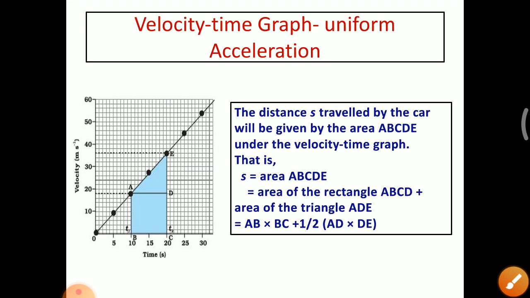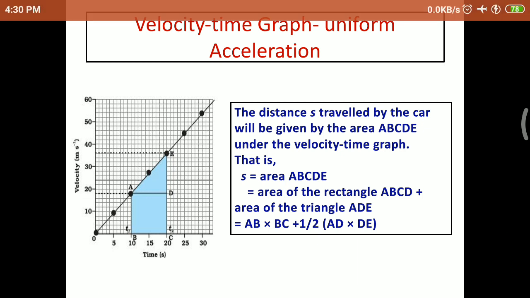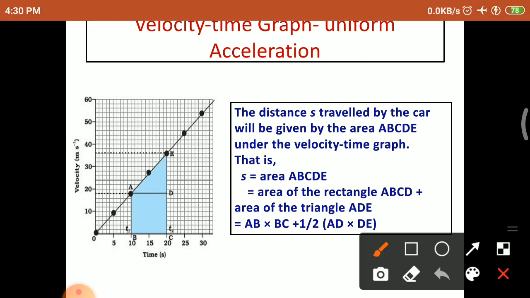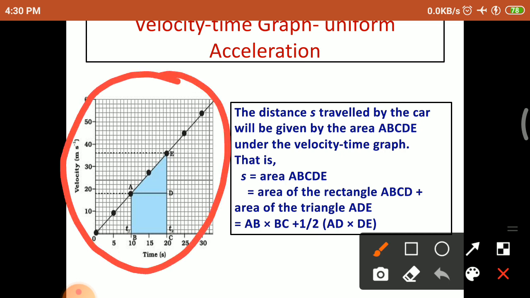And the velocity time graph for uniform acceleration. See, for this graph, how to calculate the distance. Here the object is moving from 0 to 50. So how to calculate the distance?